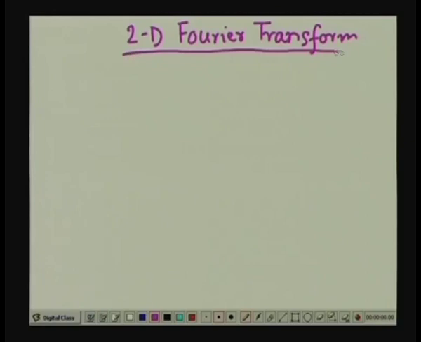The one dimensional Fourier transform that we have discussed just before can be easily extended to two dimensions.